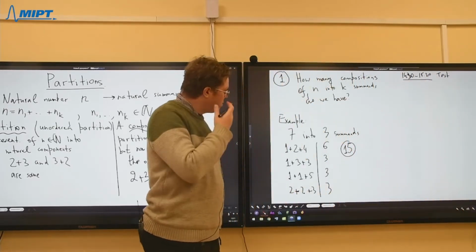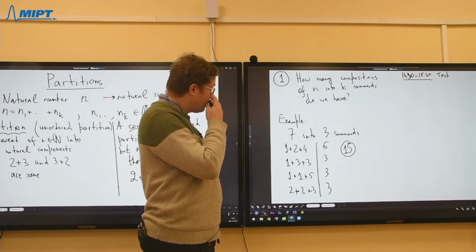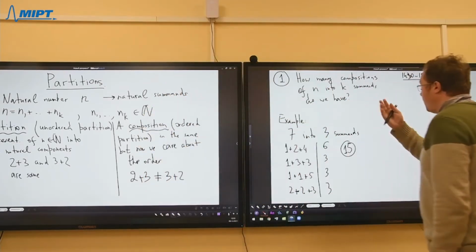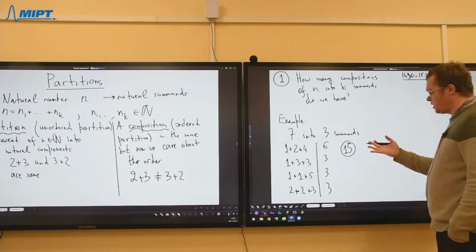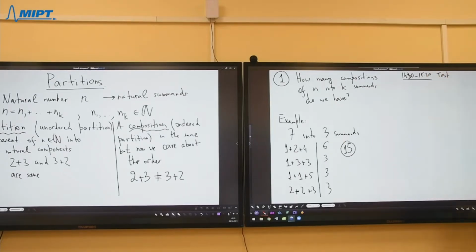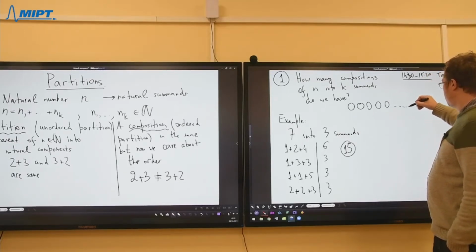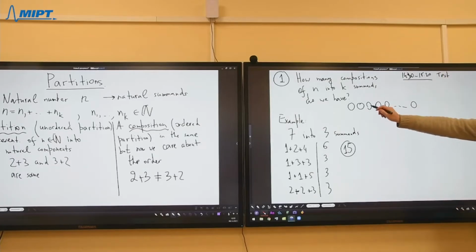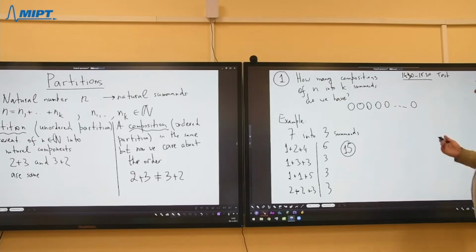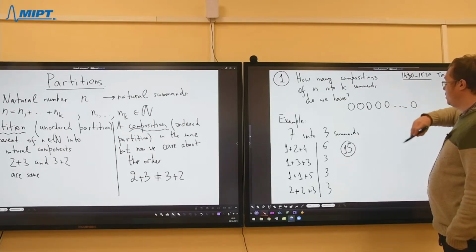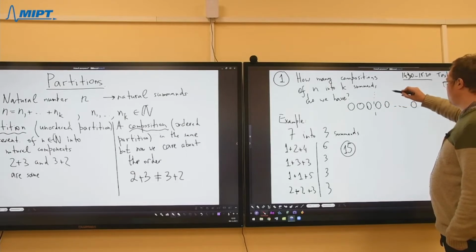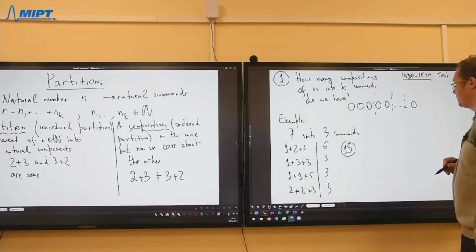Okay, so maybe I will give a rough idea, and then you can finish it. This is a combinatorial idea. If you have n, like n balls, and we need to make k summands, then we need to take some delimiters between them.